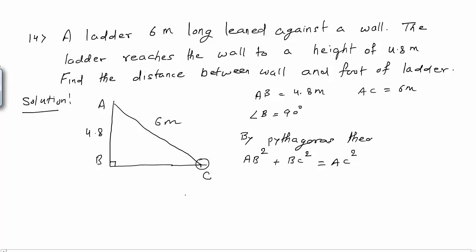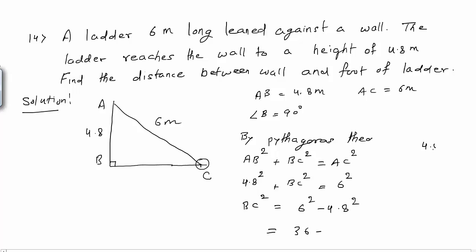Now the value of AB is 4.8, so 4.8 square plus BC square is equal to 6 square. So this BC square is 6 square minus 4.8 square, which is 36 minus 4.8 into 4.8.